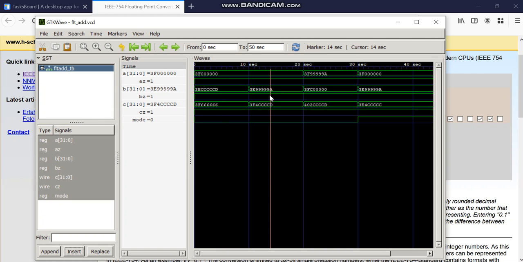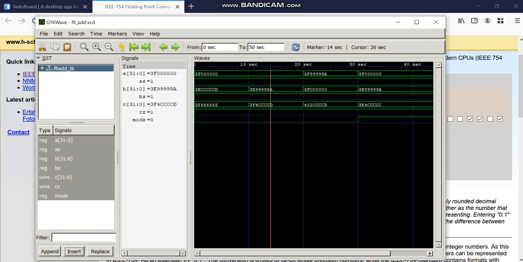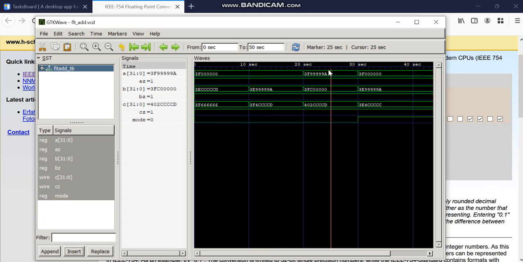The next set of inputs I have given were 0.5 and 0.3, which should give 0.8. That is 3F4 and 4C, so this is 0.8. The next set of inputs were 1.2 and 1.5, which should give 2.7.